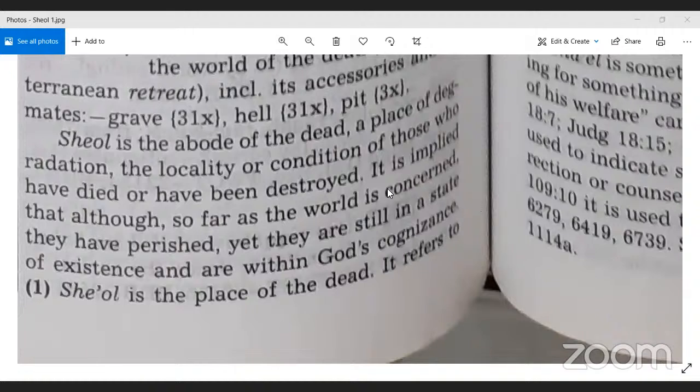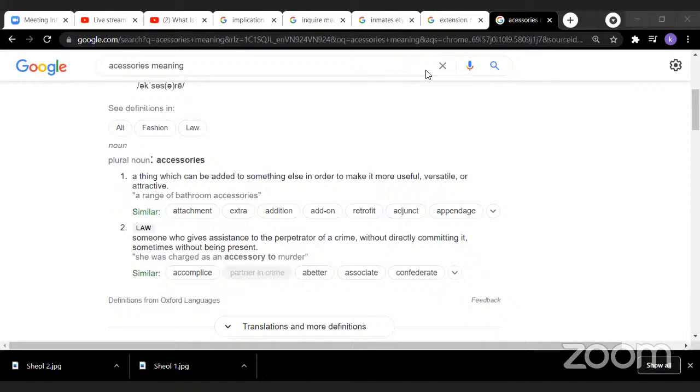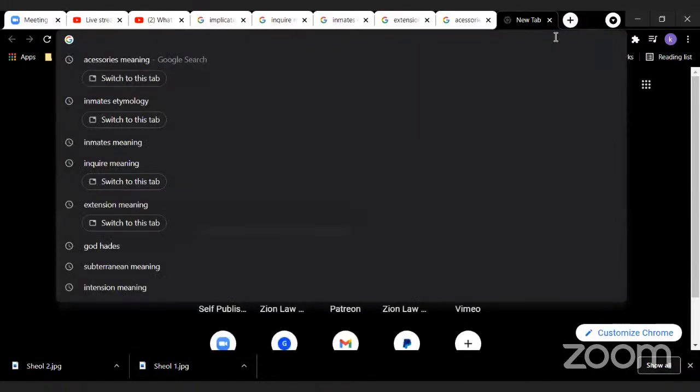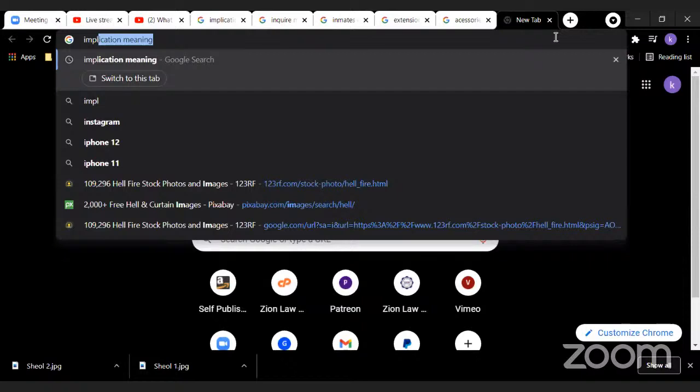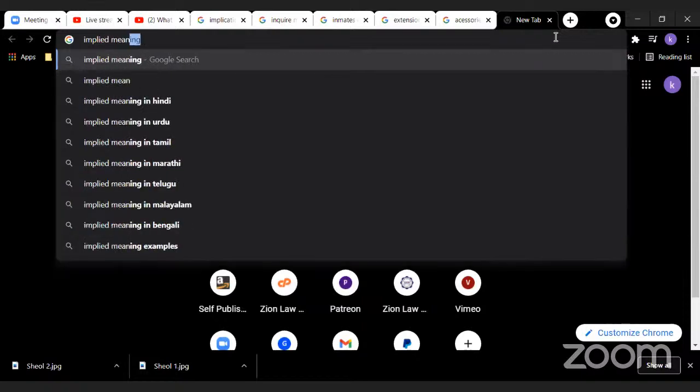So let's take a look at this. It is implied. Let's look up implied. Let's see how this works out. Implied, and let's see if we agree with this, okay?